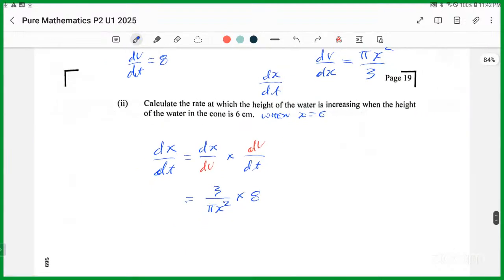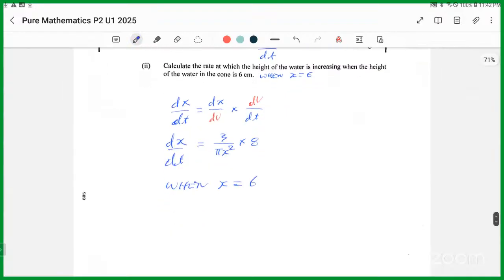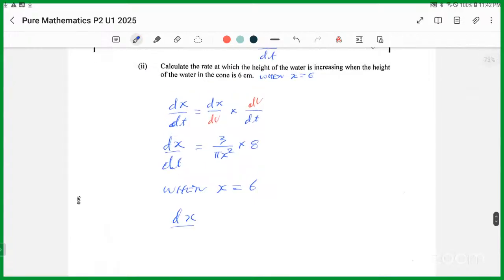All right, so that's dx by dt when x equals 6. In this case, dx by dt becomes 24 over pi times 6 squared.